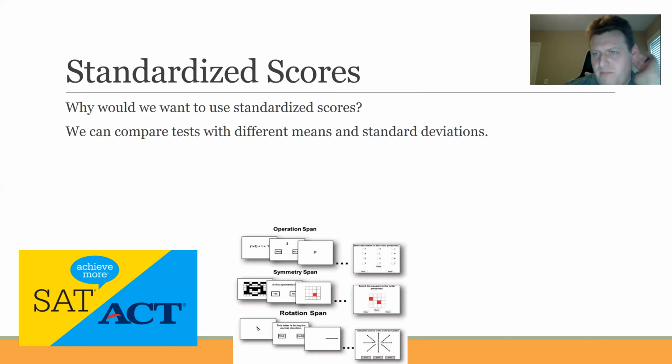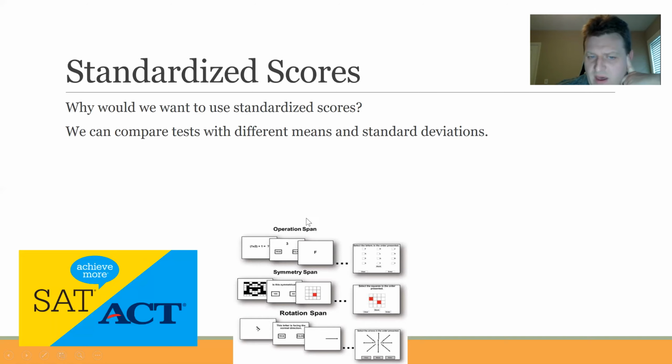Something that I did with my research, I'm interested in working memory capacity. So think of this as someone's short-term memory ability. Working memory capacity encapsulates a few more things than short-term memory, but it's kind of similar in some ways. But we have multiple tests that we use to measure somebody's working memory capacity.